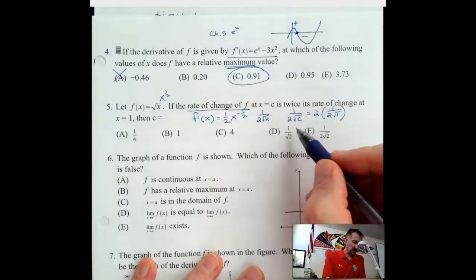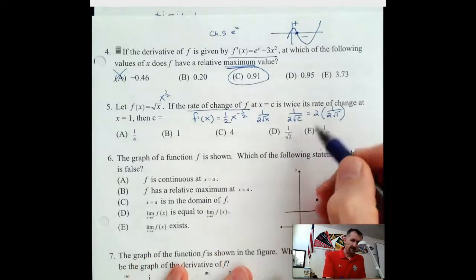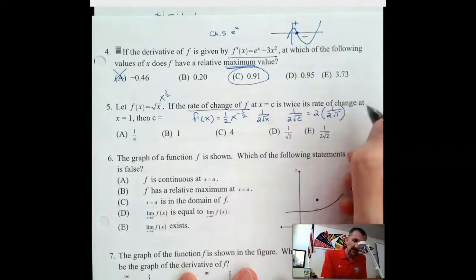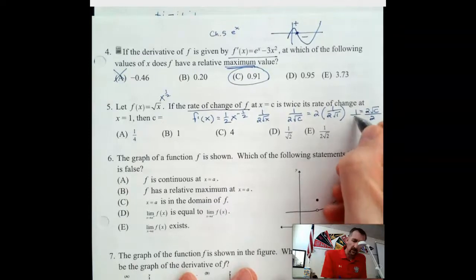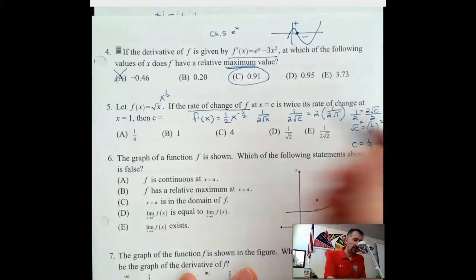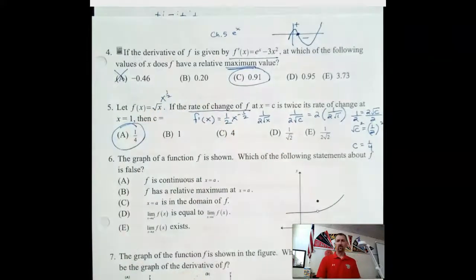So if we multiply that over there, we'd have 1 equals 2 root c, divide by 2, so root c equals 1/2, square both sides, so c equals 1/4. All right.